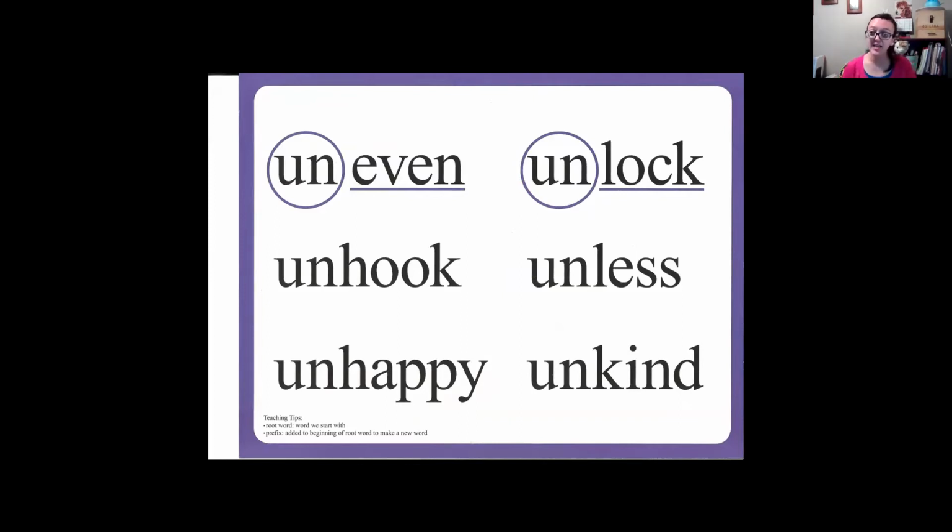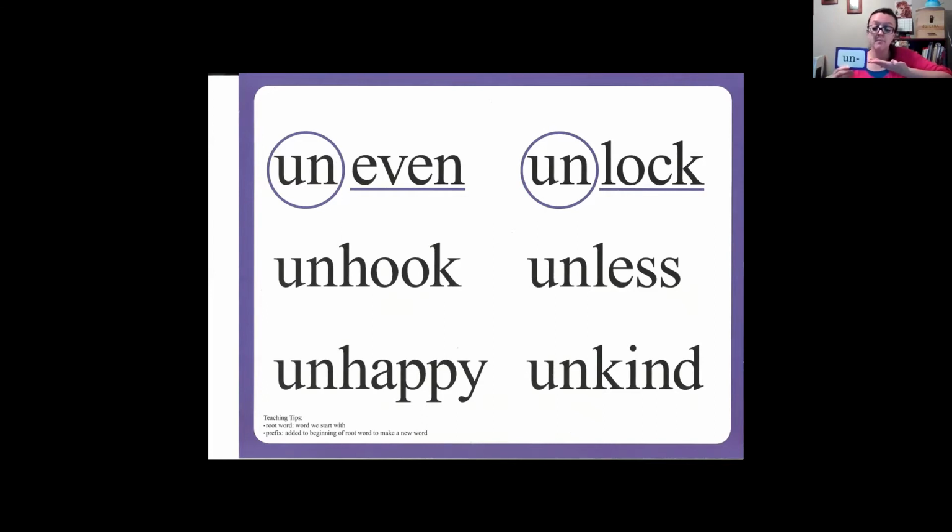Let's take a look at some words. Uneven. Even is the root word. If you put the prefix un in front of even, then you have the opposite of even. Even, uneven. Next one, unlocked. The root word is lock.